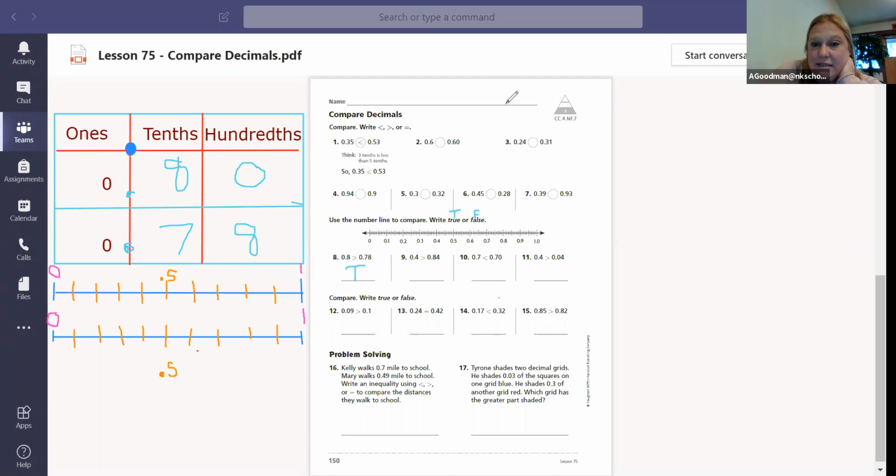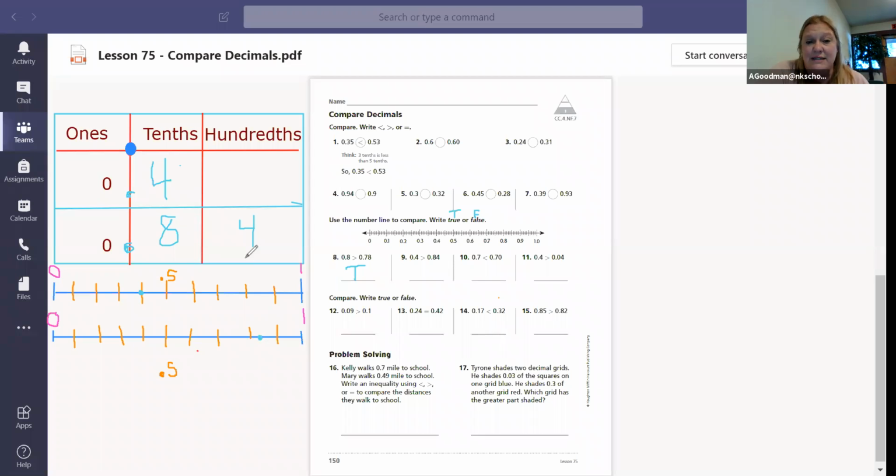Let me erase these. 0.4 would be putting a 4 in the tenths place. So that's like 4 dimes. And 0.84 in the tenths and hundredths. And if we looked at it on the number line, 0.4 would be right here. And 0.84, 6, 7, 8, and then almost to the middle would be about right here.